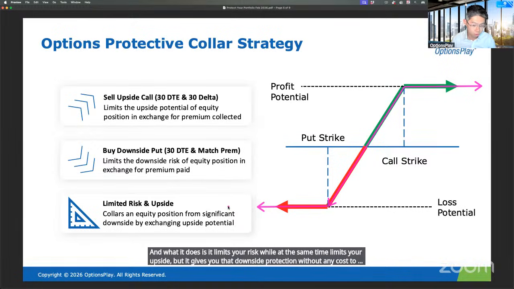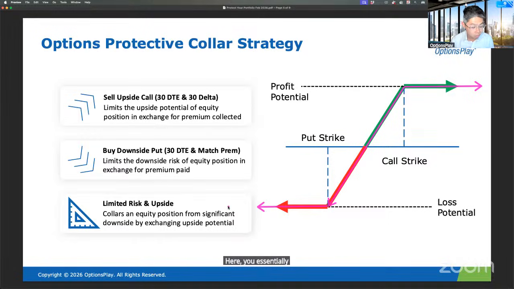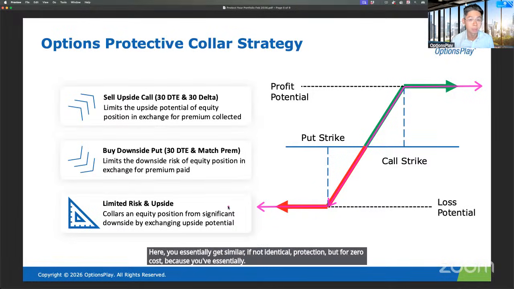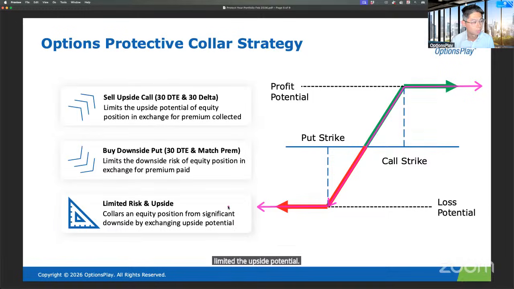Unlike if you were to just outright buy a put or a put spread, it might cost you 1, 2, 3% of the stock's value to get 30 days' worth of protection. Here, you essentially get similar, if not identical, protection, but for zero cost, because you've limited the upside potential in this particular scenario. Does that make sense, everyone?